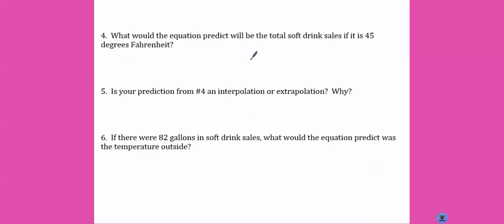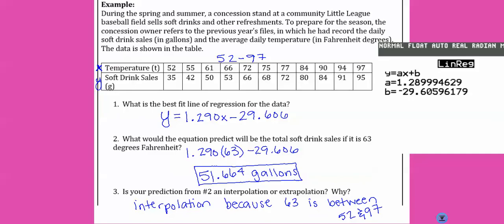Question 4. What would the equation predict will be the total soft drink sales if it's 45 degrees outside? So we're going to plug 45 in for the x again. Just make sure I copied that correctly. Yep.